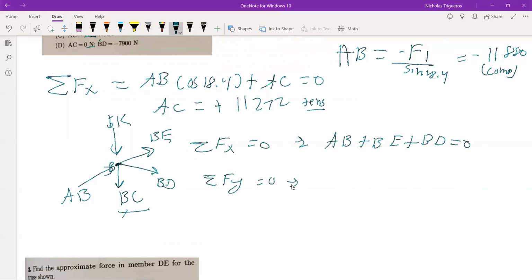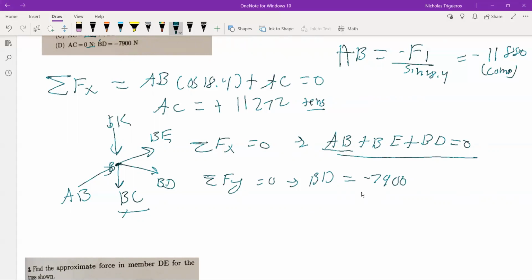This one gives us another equation, where we use this relation in some algebra to get that BD is negative 7,900. We have one equation, 2 unknowns.